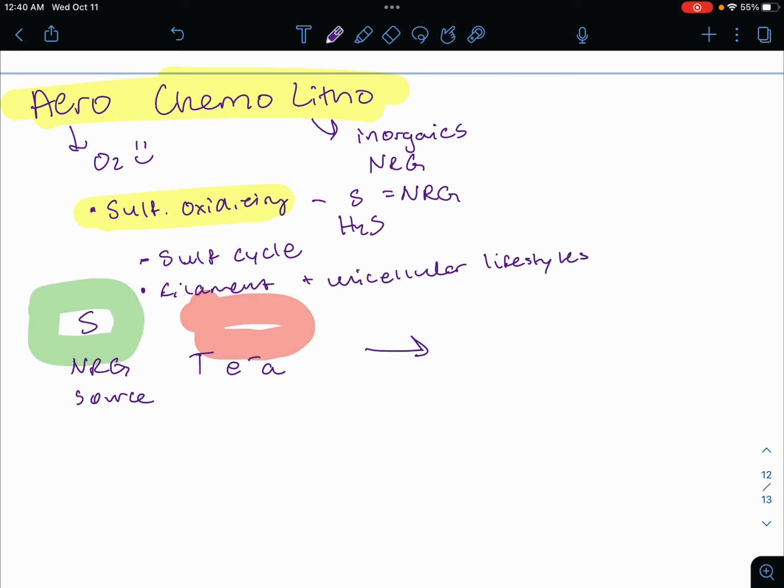Okay, so sulfur is the energy source, and 1 1/2 O2, so oxygen again, is the terminal electron acceptor. Aerobic means we're going to be using oxygen as a terminal electron acceptor. We're also going to have to add water, and then the product is H2SO4. You know that one rhyme about Johnny where he drank something clear in a glass and thought it was H2O, but it was H2SO4. That is sulfuric acid and it's highly dangerous.